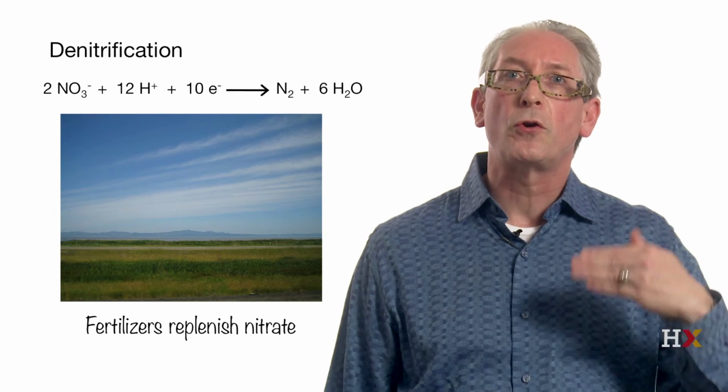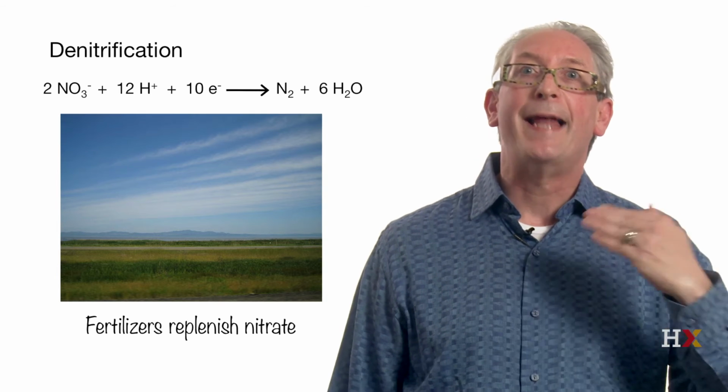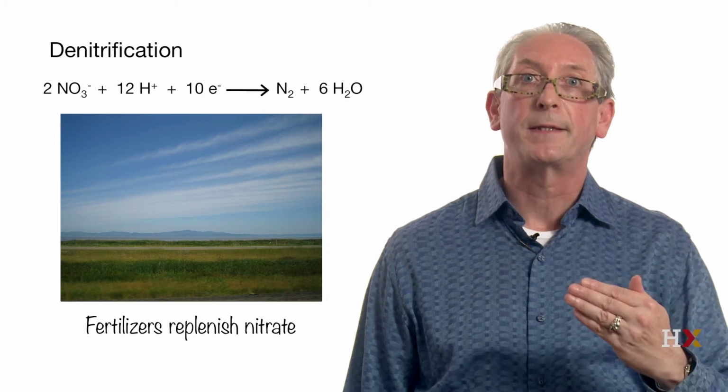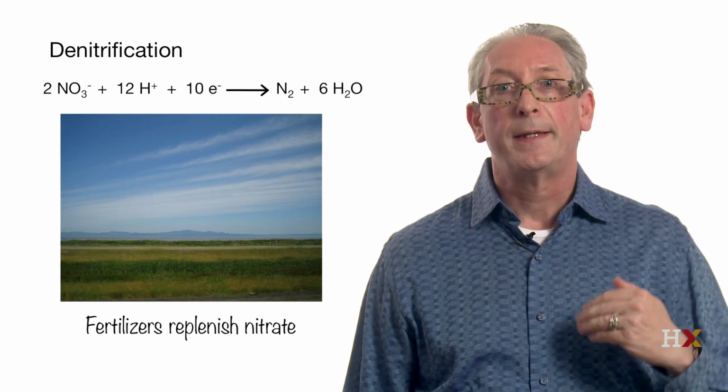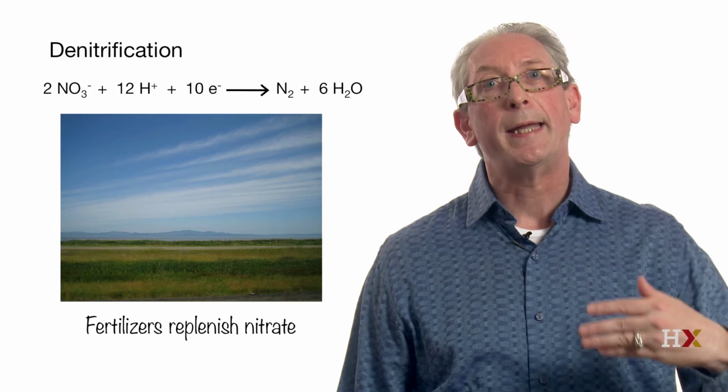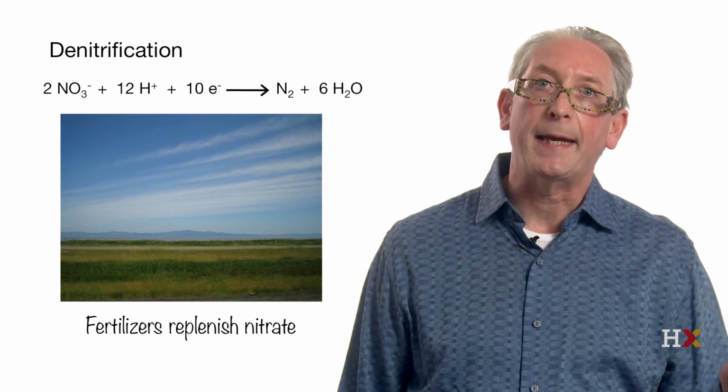Now, a substantial part of these nitrate-based fertilizers, as well as phosphate-based fertilizers, that the farmers add to their field, will be washed away and accumulate in rivers and lakes. And you have to remove nitrate from drinkable water. That's the function of many wastewater treatment plants.